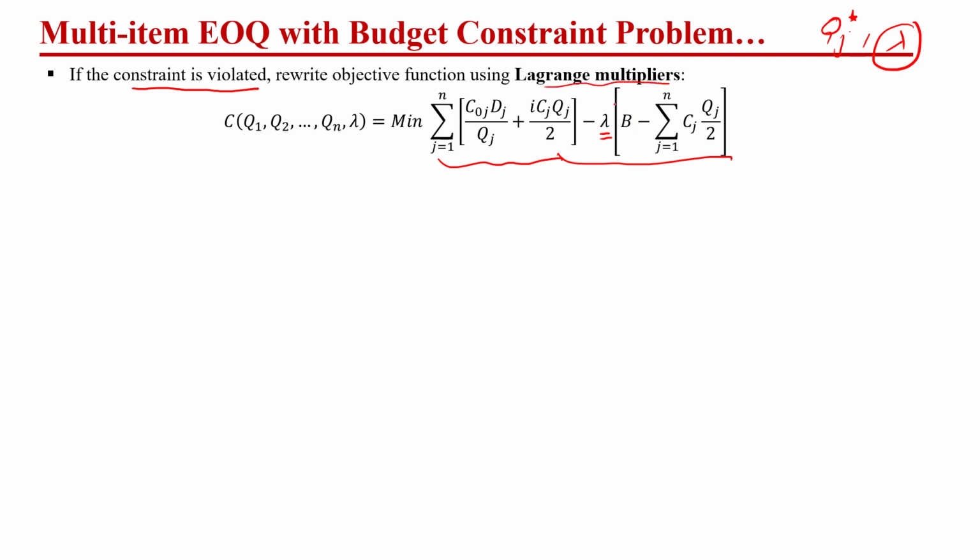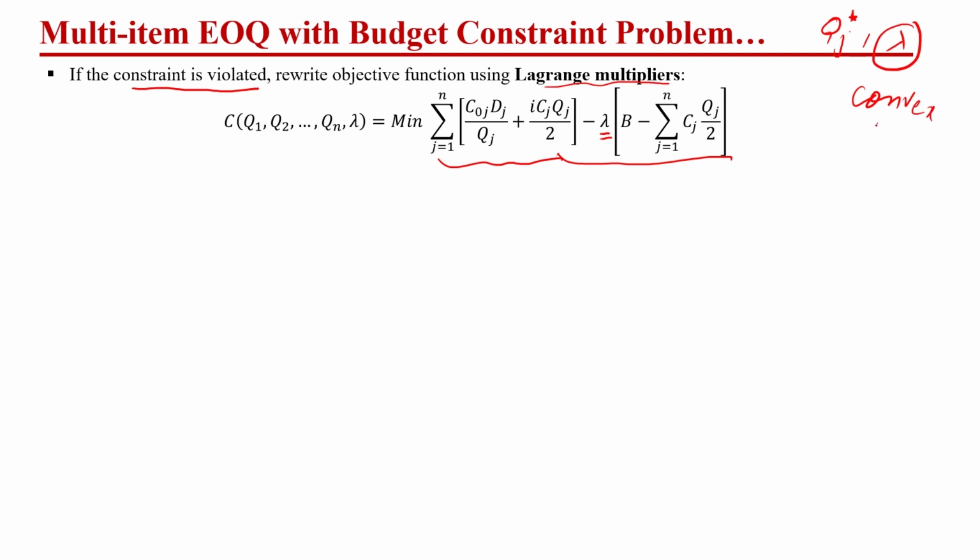In order to find this, we are again going to use the same approach as we adopted for a single product. We are going to see whether this objective function is a convex function or not.